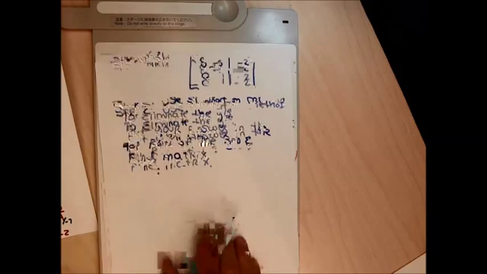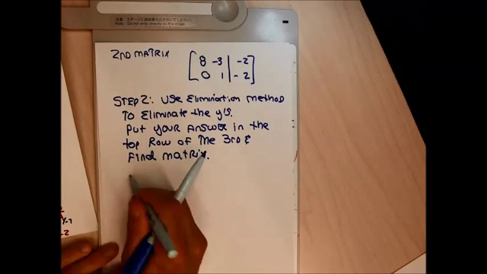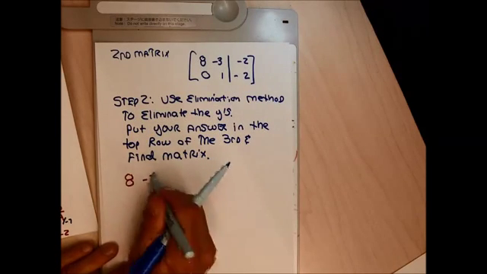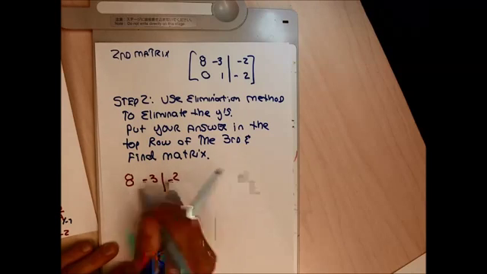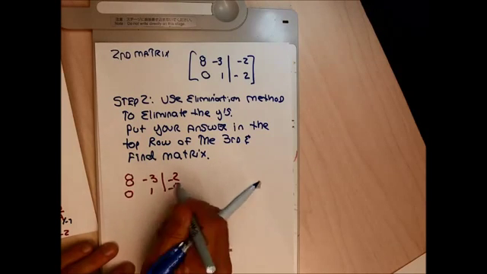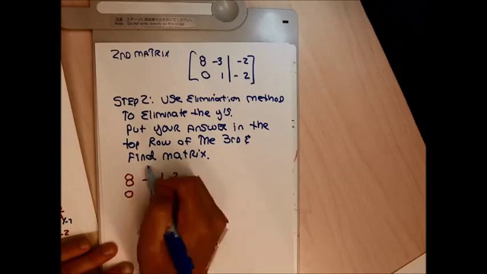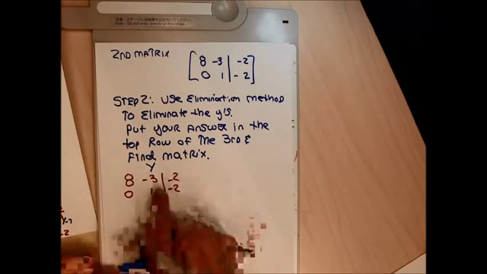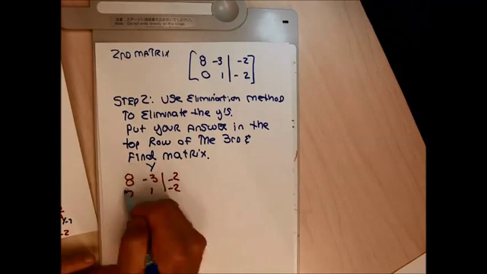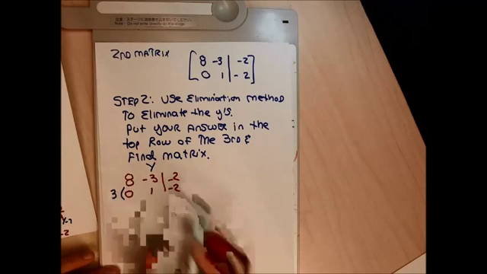So I'm going to use my elimination method. I'm going to take the 2 rows, the 8, negative 3, and negative 2, and 0, 1, negative 2, and eliminate the y's. And I'm going to eliminate the y's by making the y's have positive and negative 3 in front of them. So I'm going to multiply the bottom row by 3.